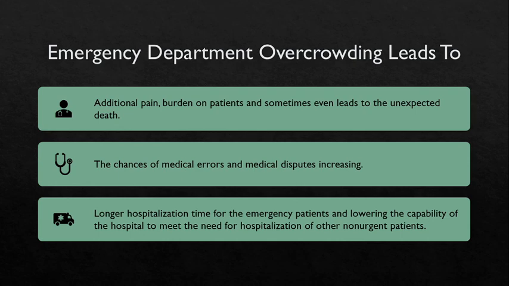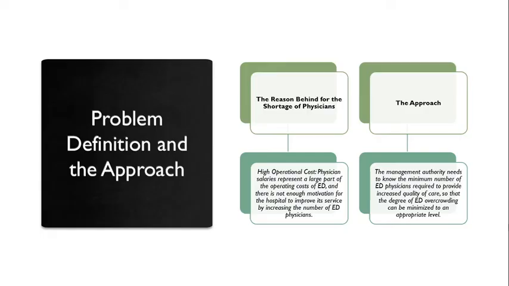Regarding this, the chances of medical errors and medical disputes are increasing. At the same time, emergency department crowding also affects the normal operation of the entire hospital, leading to a longer hospitalization time for the emergency patients. And this lowers the capability of the hospital to meet the needs for hospitalization of the non-urgent patients. So many problems lead to overcrowding, and one of them is a shortage of physicians to meet the fast-growing demand for the emergency department.